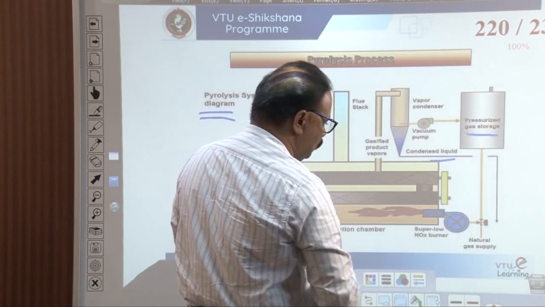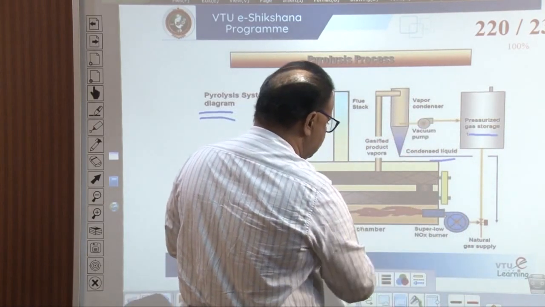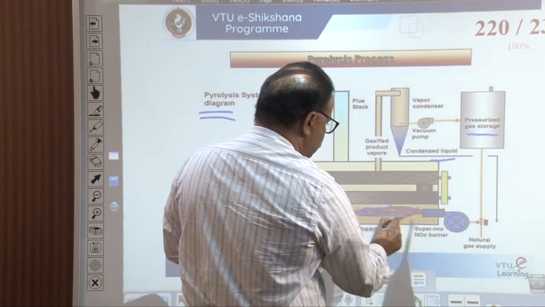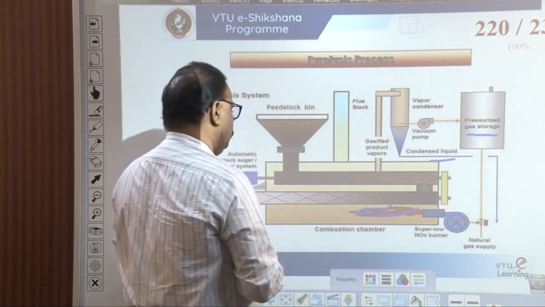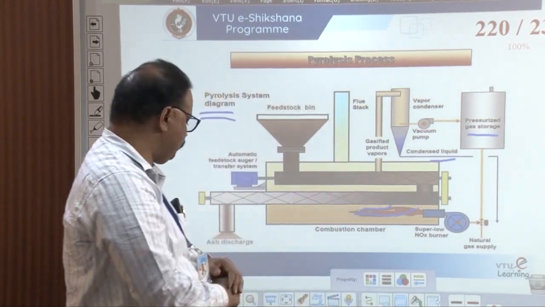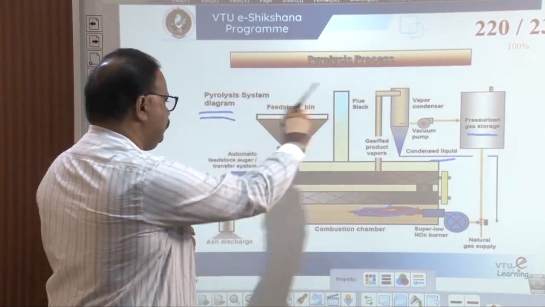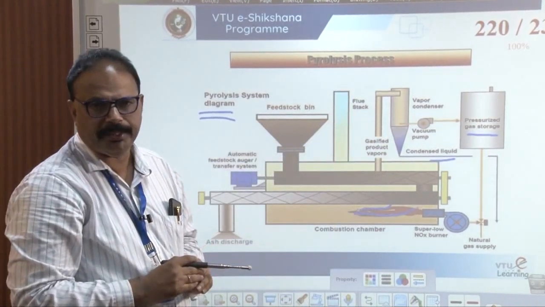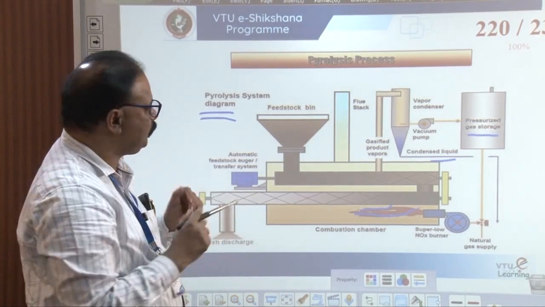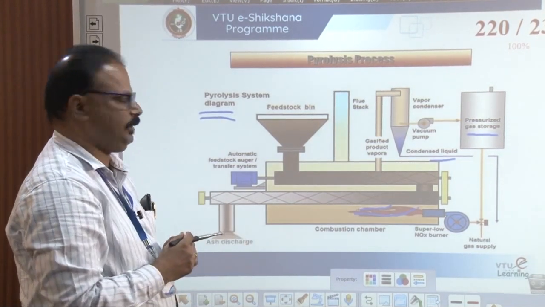Natural gas supply burns in this chamber. From this part we can find the pyrolysis. This is modern equipment in which the pyrolysis process is done.